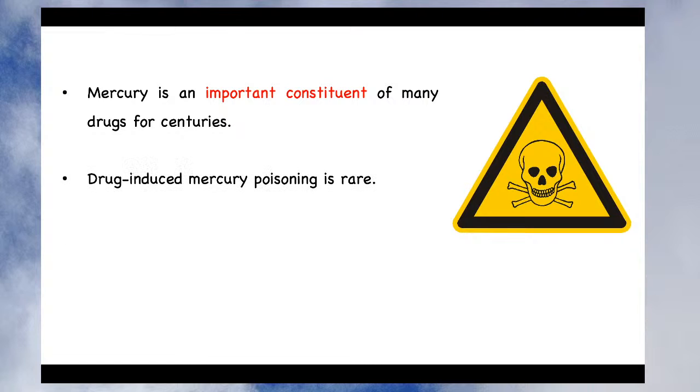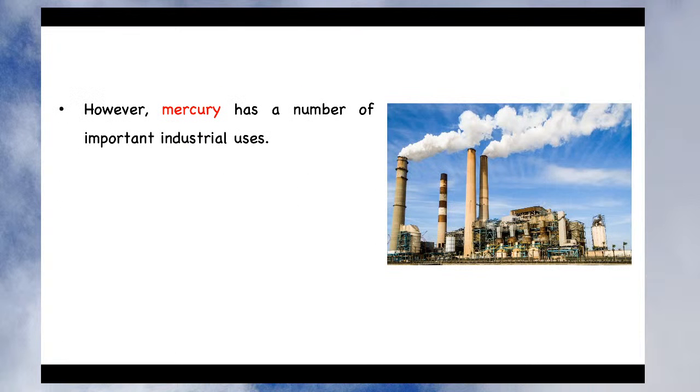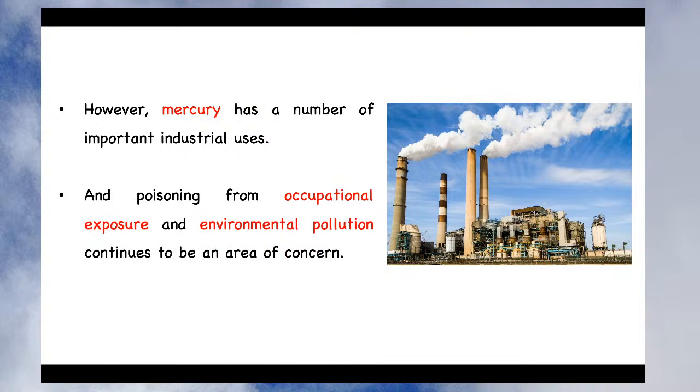But drug-induced mercury poisoning is very rare, and we'll see later on why it is rare. However, mercury has a number of important industrial uses. Since it is used in industry, a person who works in industry may be exposed to different sources of mercury, and poisoning from occupational exposure is when he is working in a particular industry where mercury is being used.